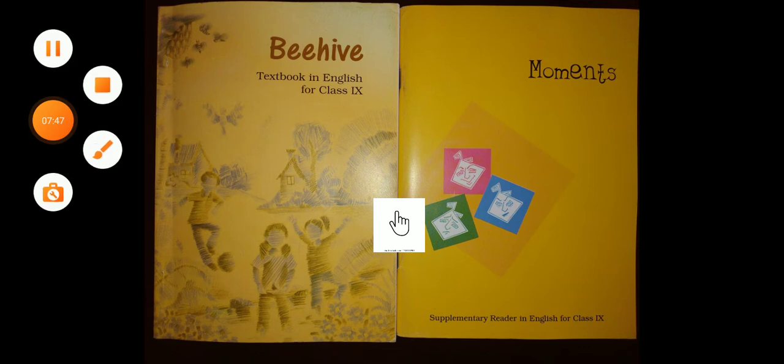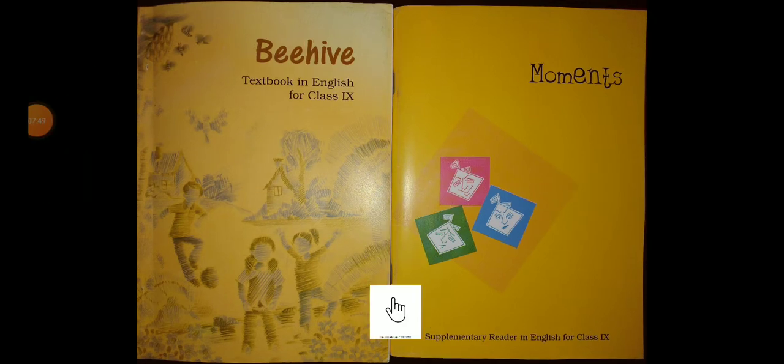So student, these two textbooks are based on the new syllabus in English, prepared as a follow-up to the National Curriculum Framework 2005. The curriculum calls for an approach that is rich in comprehensible input and adopts a language-across-the-curriculum, multilingual perspective.